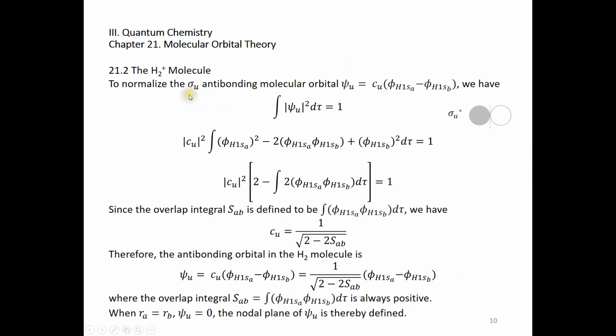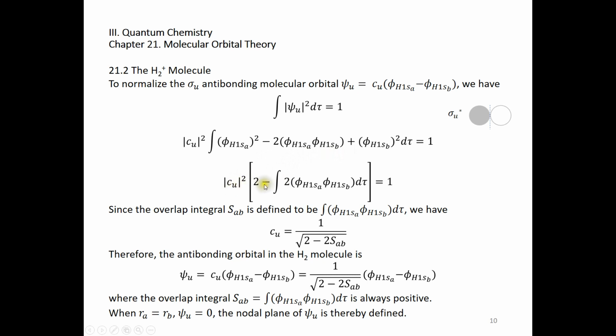To normalize the sigma u antibonding molecular orbital, which is a coefficient times the difference between the two atomic orbitals, again we just need to integrate the squared modulus of this antibonding molecular orbital and set it to 1. Now we expand this wave function squared. We have 3 terms. This integral is just 1 because the 1sa wave function is normalized. The 1sb wave function is also normalized. But also we have a cross term over here.